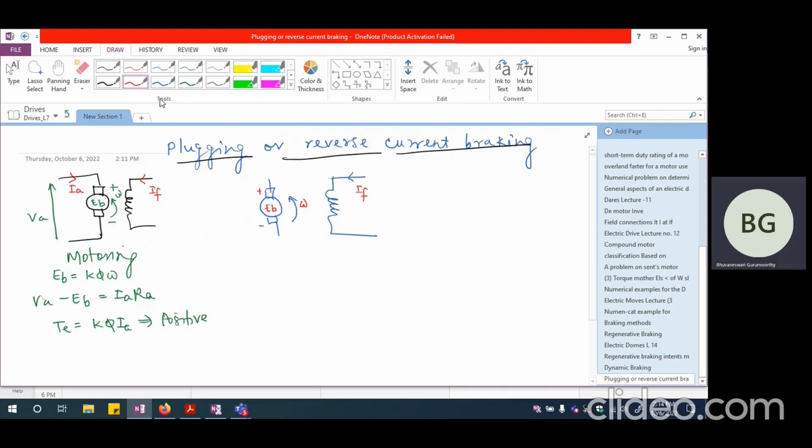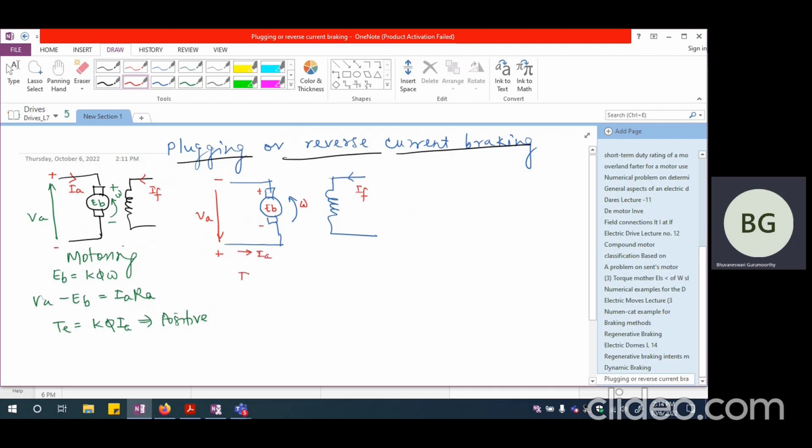Now, what I'm going to do is to connect the voltage source to the armature, but with the reverse polarity. Previously, this was plus and this was minus. That is why IA was flowing in this direction. Now I'm going to make this as plus and this as minus, and VA is going to be connected in this direction. So what is going to happen is a current will flow in this particular direction.